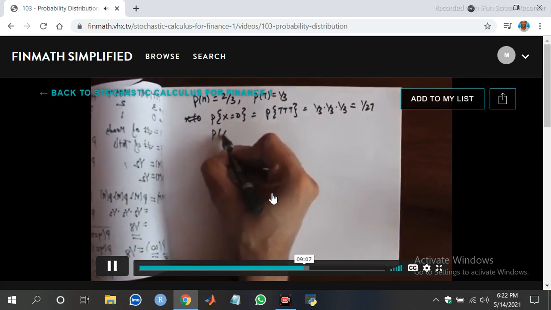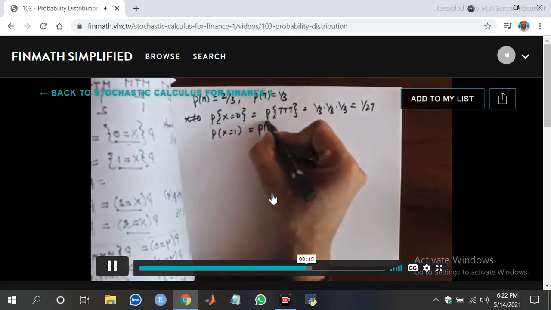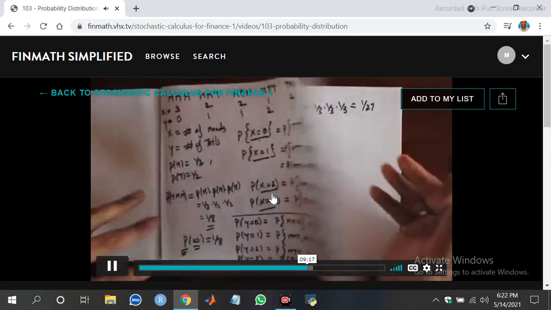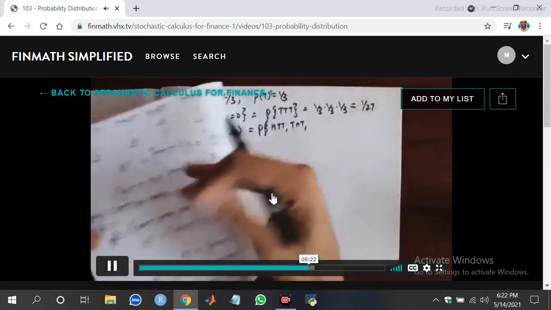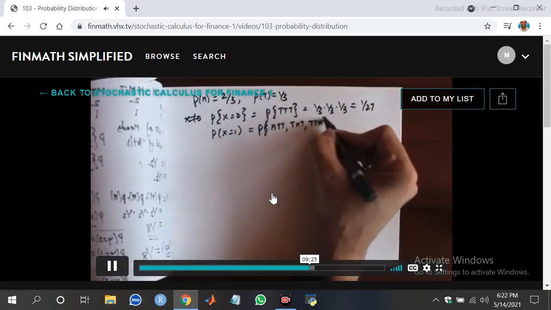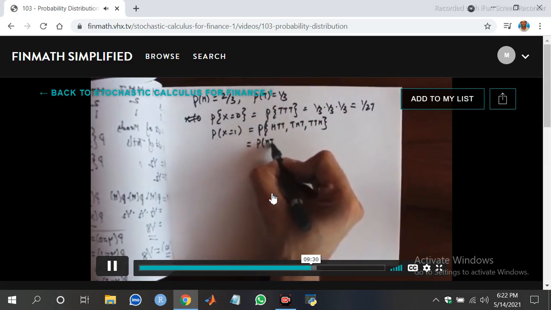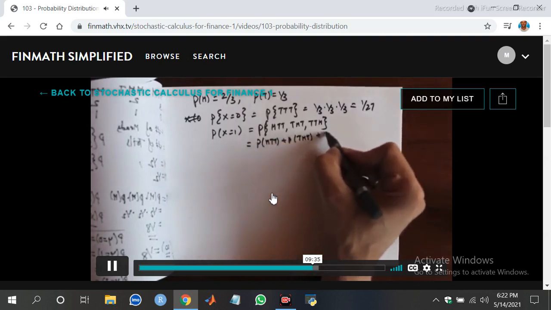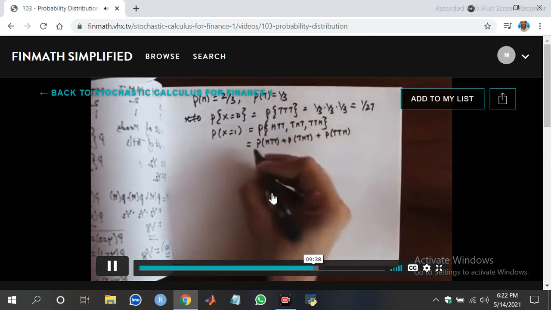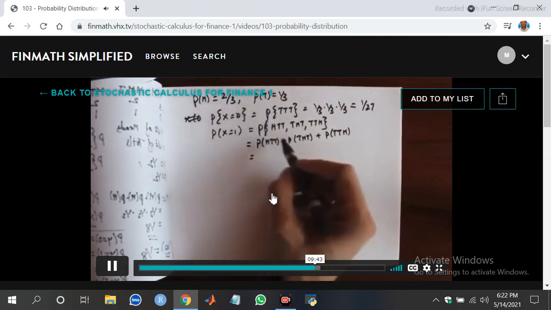Now the probability of x equals 1 would be HTT, THT, and TTH. Now if we look at this, it would be the probability of getting head, tail, tail, plus the probability of getting tail, head, tail, plus the probability of getting tail, tail, head. Now if these are independent, this is the same as the probability of a head times the probability of tail times the probability of tail.